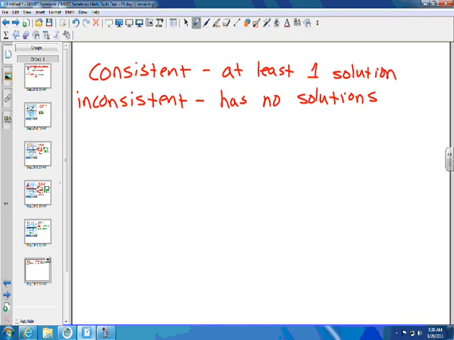And then the other one is dependent or independent? Independent means exactly one.